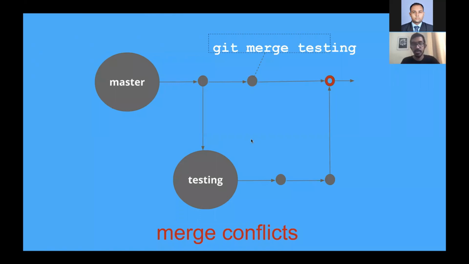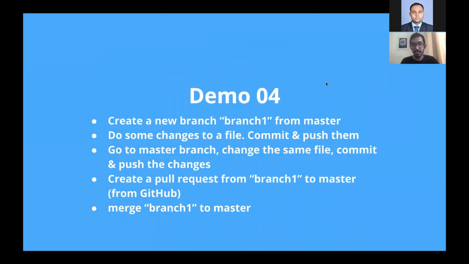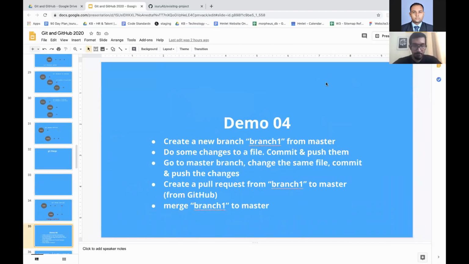Just assume this is developer 2 who added this commit and changed the same files and same lines that I have changed. So it confuses the Git engine and it creates a merge conflict. Now I'm going to show you how we can resolve a merge conflict.